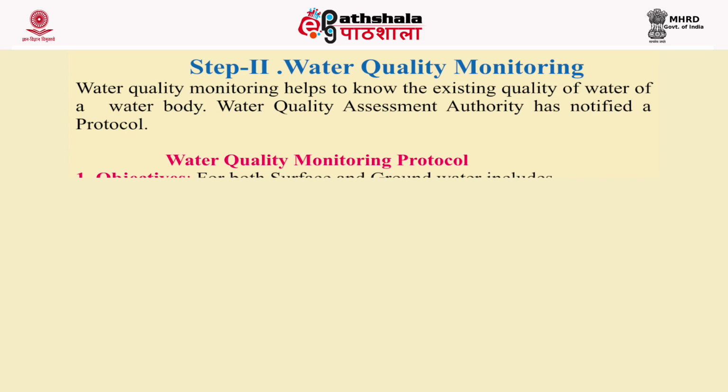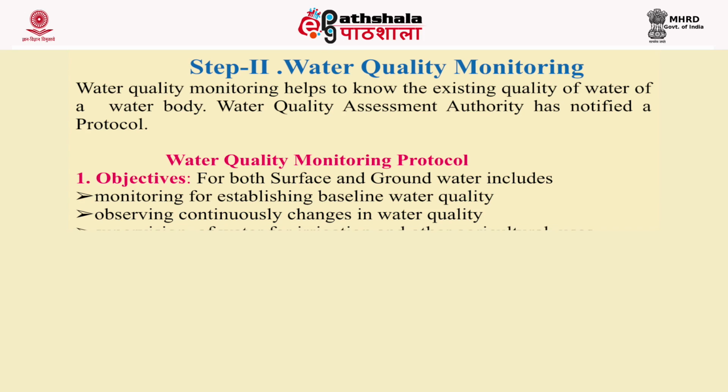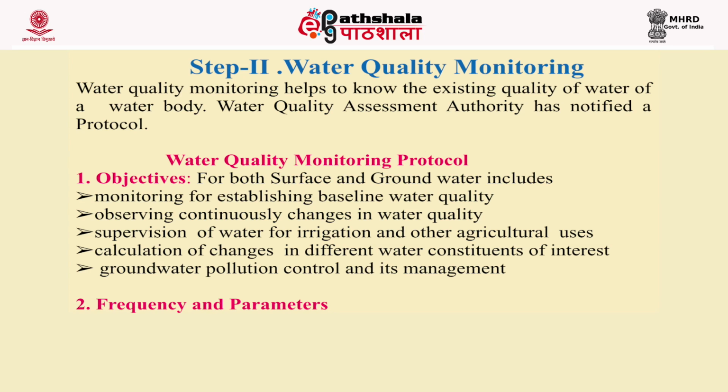For surface water and groundwater, the objectives are monitoring for establishing baseline water quality, observing continuously changes in water quality, supervision of water for irrigation and other agricultural uses, calculation of changes in different water constituents of interest, and groundwater pollution control and its management.